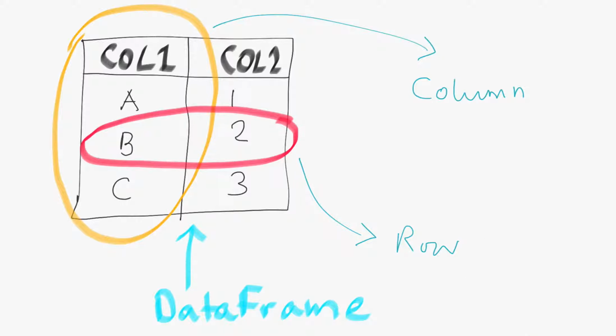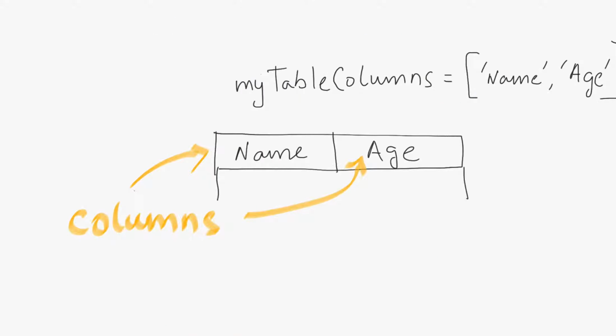Here, when I define my column, you have to put these brackets and define the name of the column. In this case, I have name and age, and these are my columns. So open bracket, stuff in between, close bracket.